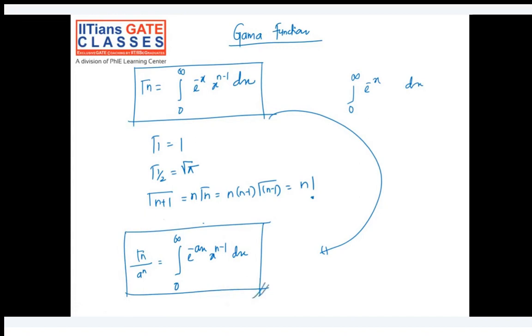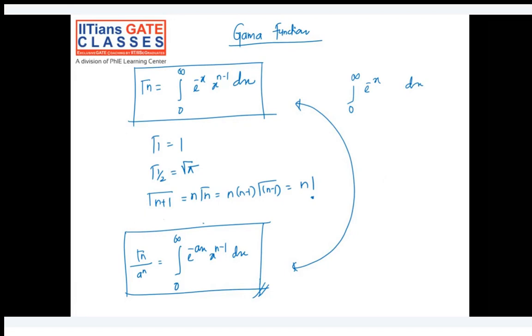This is the modified version of it. So these basic things you should know.